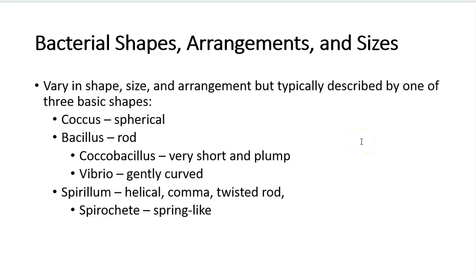Okay, so the different shapes, there's 3 basic shapes: cocci, bacilli, and spirillum. Cocci are round, spherical. Bacillus is rods. Now, you can have very short rods, which are called coccobacillus, or they can be a little curved, which is vibrio, that's found in cholera.